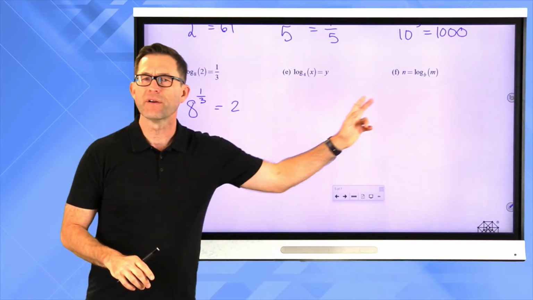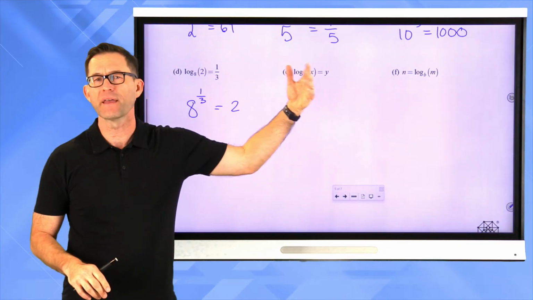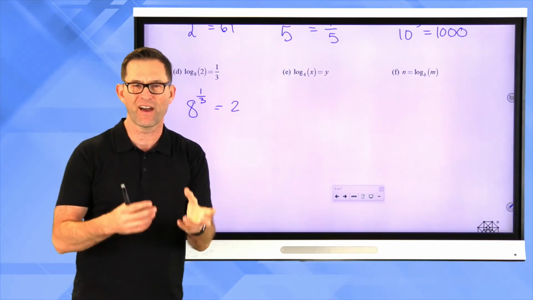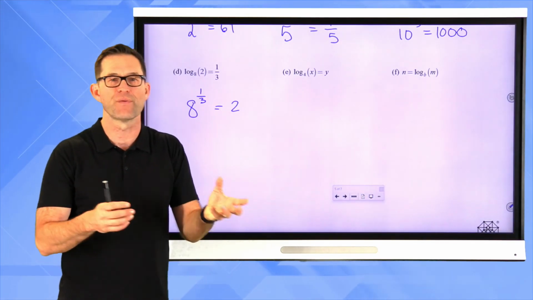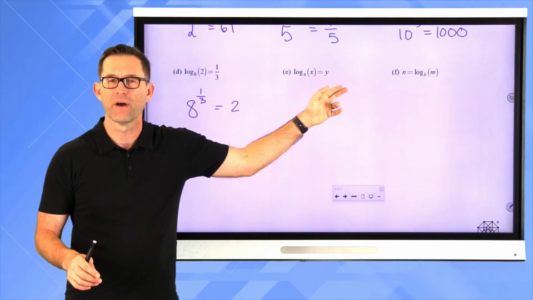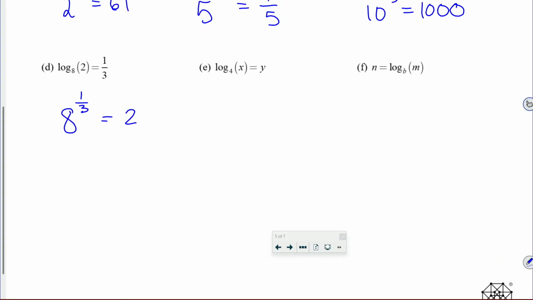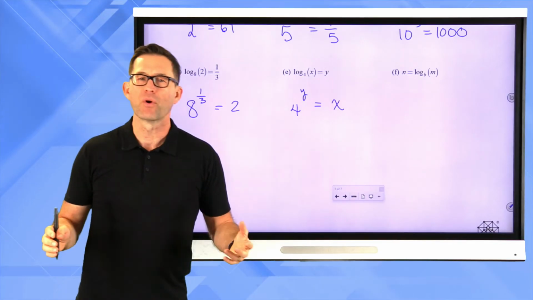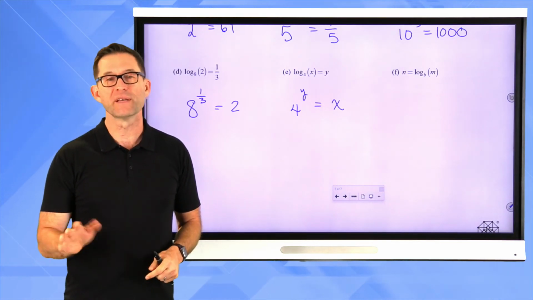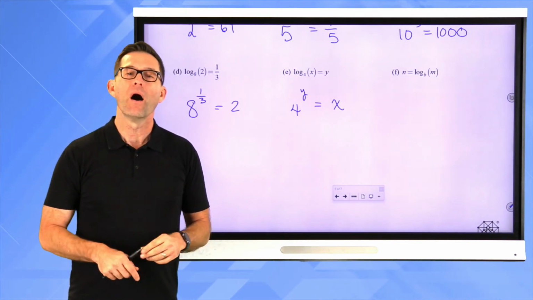Now, the ones that are very symbolic are right here, and they might get harder to think about because you're like, well, at least up here there were numbers, so I could kind of think about powers and roots and things like that. The log base 4 of x is equal to y, right? That is going to say that 4 to the y is equal to x. I remember very few things about my high school math experience because it was a long time ago, to be very clear.